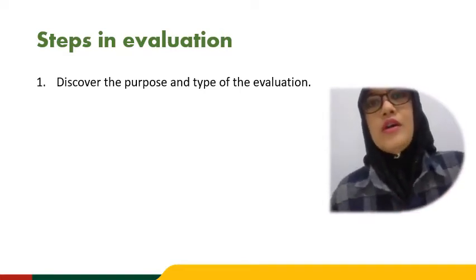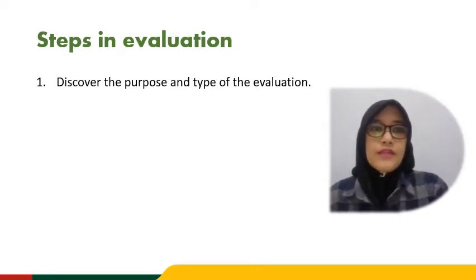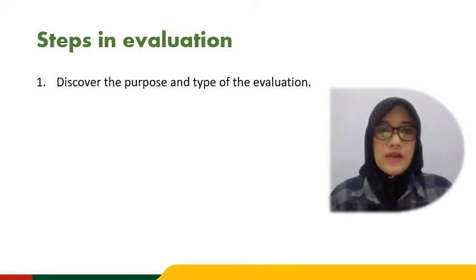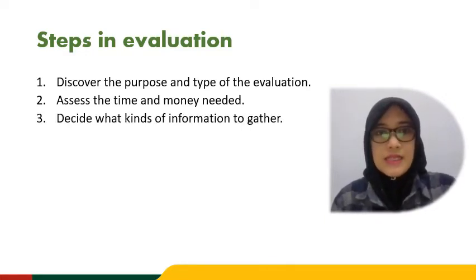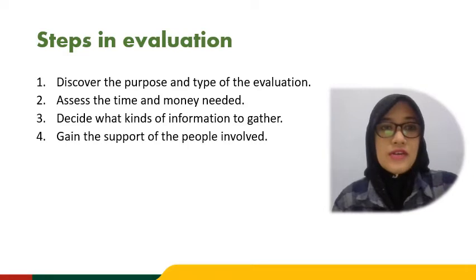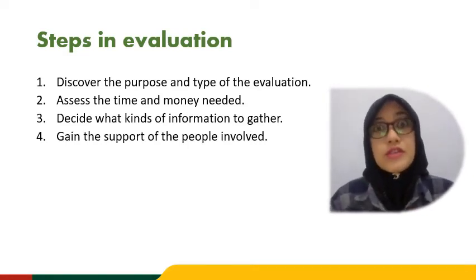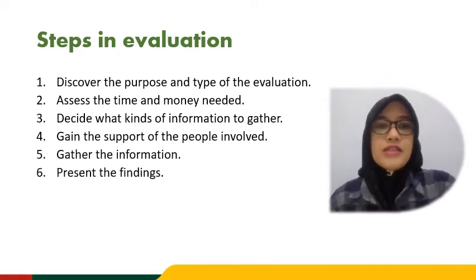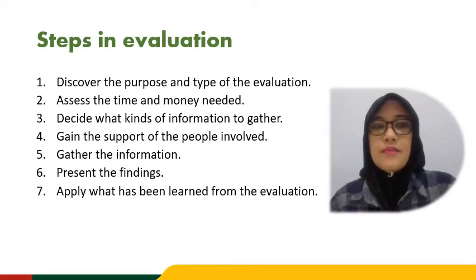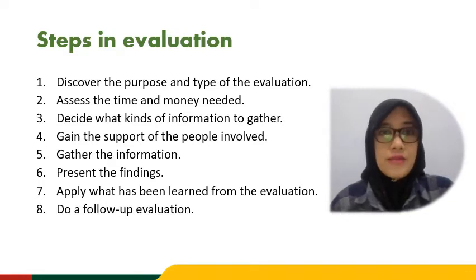The first is to discover the purpose and type of evaluation, then assess the time and money needed, decide what kinds of information to gather, gain the support of the people involved in the evaluation, because evaluation will involve many parties, gather the information, present the findings, apply what has been learned from the evaluation, and do a follow-up on the evaluation.